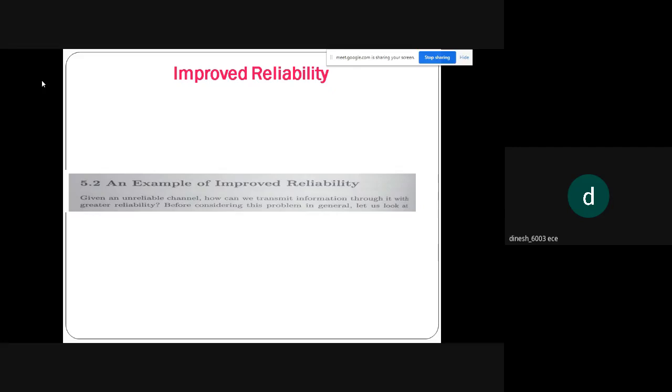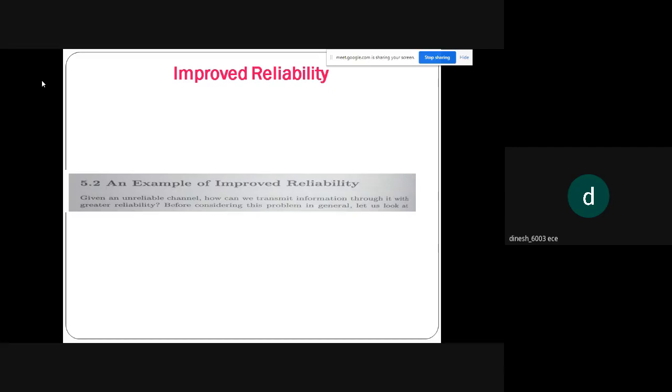So for that, we need to look at the channel characteristics. If the channel characteristics are reliable, the decision rule will work correctly. If the channel is unreliable, then whatever decision we take will go in vain.